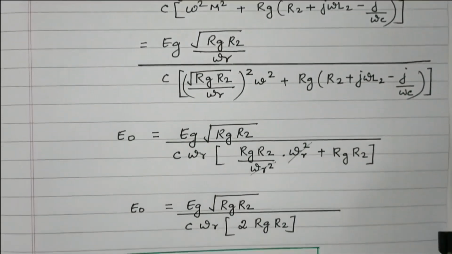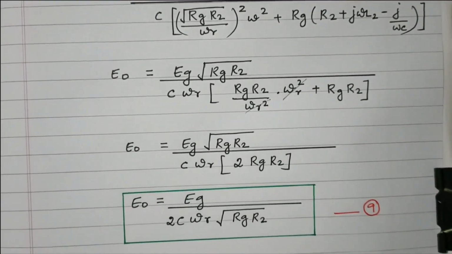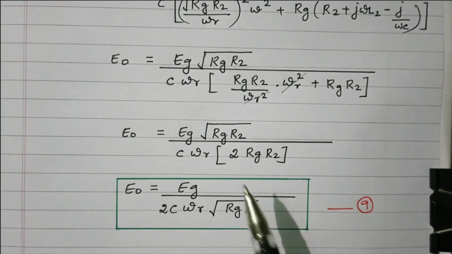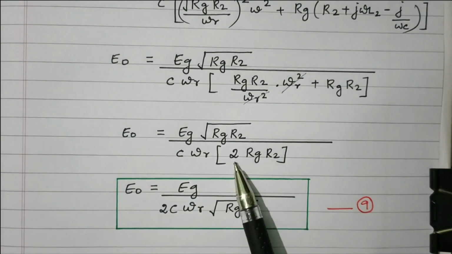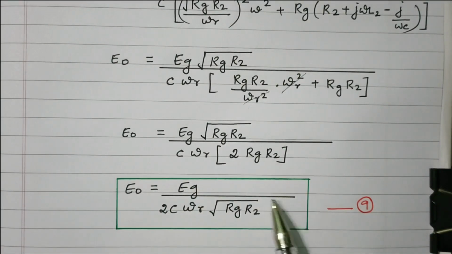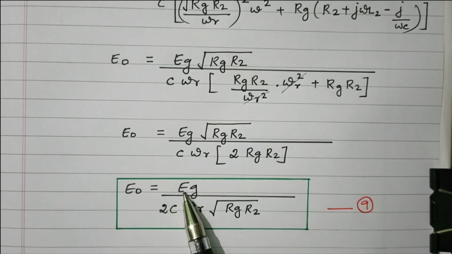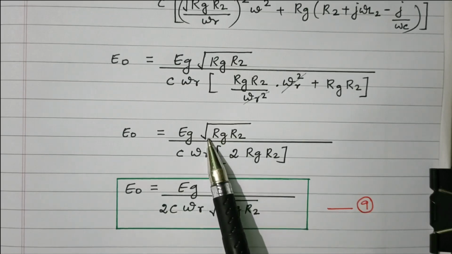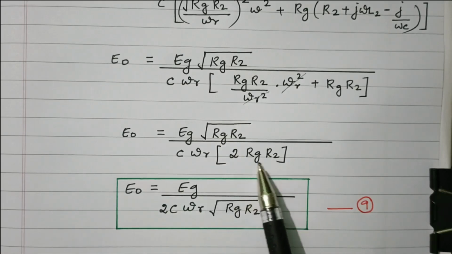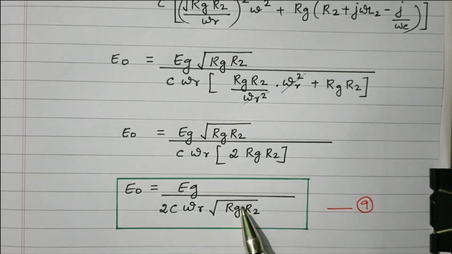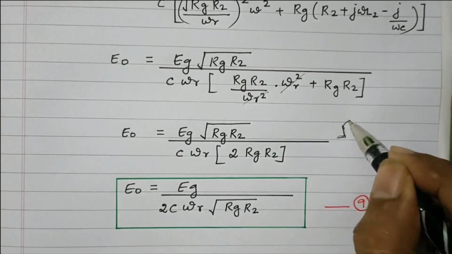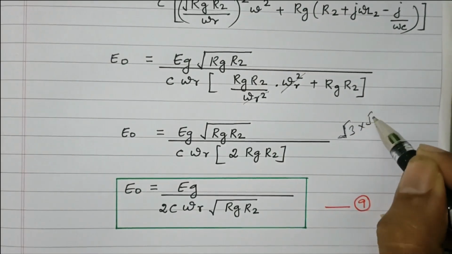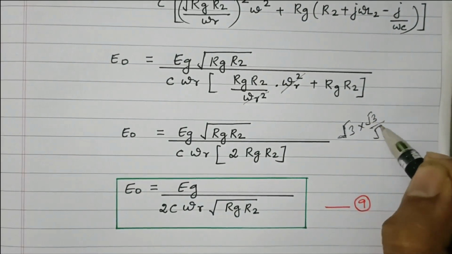So what we got finally, Eg square root of Rg R2 divided by C omega R into 2 Rg R2. So that is nothing but Eg. Here the square root of Rg R2 is available, here Rg R2 is available. So we can write like this. For example, root 3 can be written as multiplied and divided by another root 3.